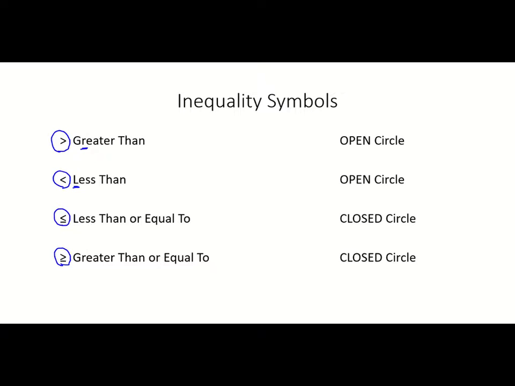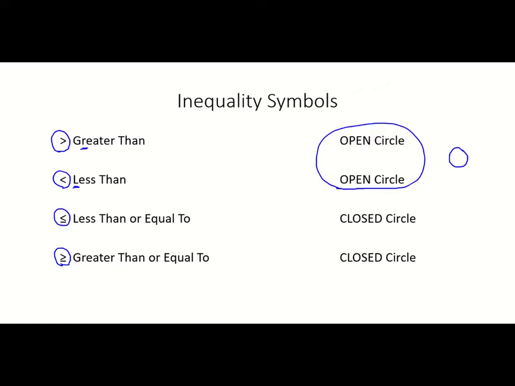Now, one last thing before we get right into those examples is depending on the symbol is how we're going to graph our answer. So if you take a look, greater than and less than, for those problems we use what's called an open circle. So when we get our answer on a number line, we literally place an open circle at that number.